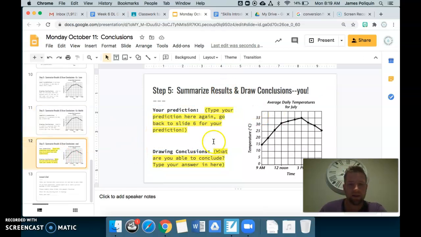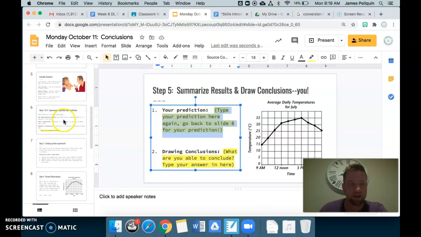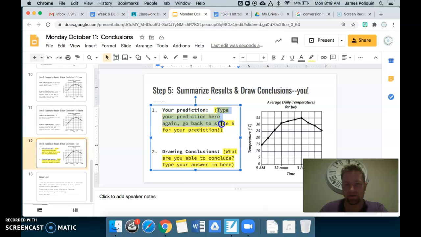Okay. Now, it's your job on slide 12. You'll need to go in and type your prediction in again. Whatever you typed on slide 6 should go into this first blank here. Then drawing conclusions. This is what you're making. What are you able to conclude from this experiment?